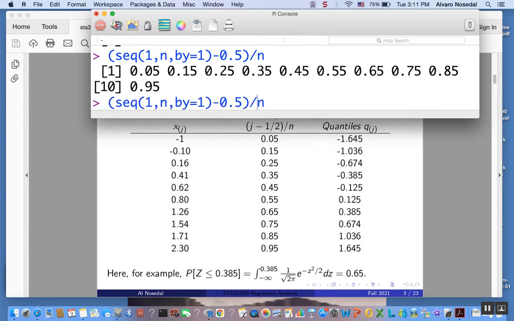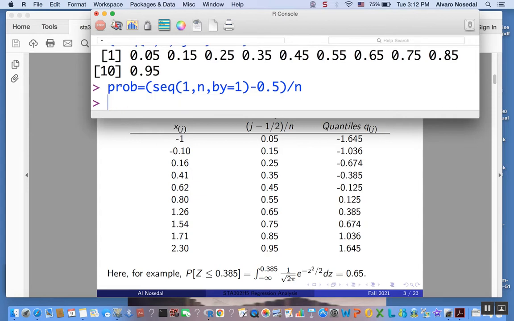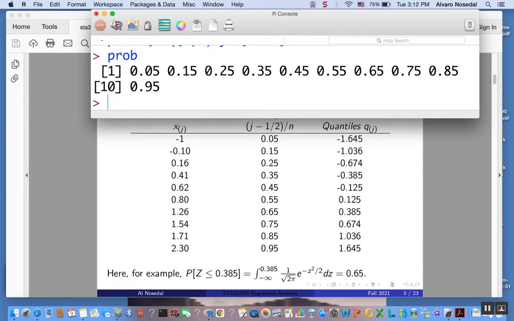Okay, so now let me save this in that object I was going to call prob, as in probability. Okay, now prob contains what I want on the second column.